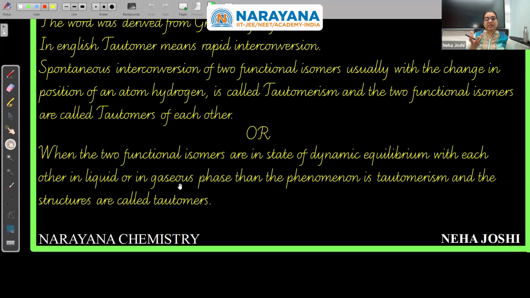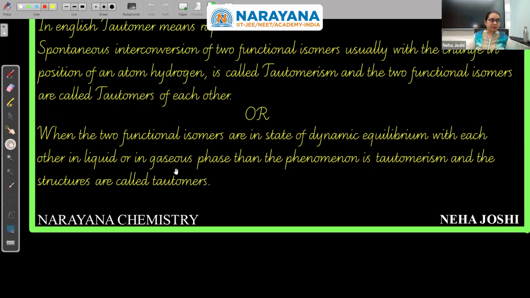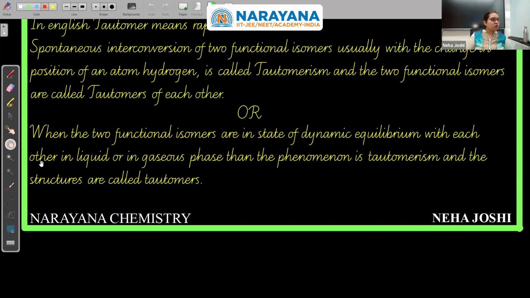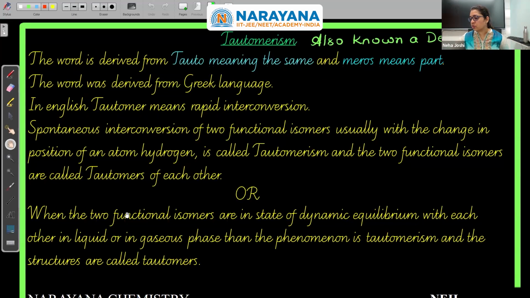If you change the physical conditions, the surroundings, then definitely you can isolate the two tautomers. In liquid or gaseous phase the phenomenon is called tautomerism and the structures are called tautomers. So that is the general introduction to the term tautomerism.